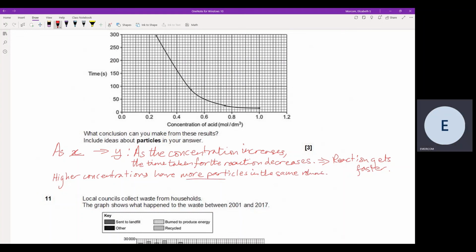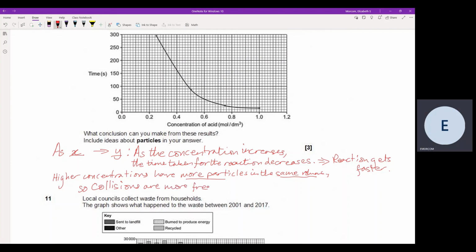More particles for the same volume. Therefore, you're making it so that stuff is more crowded, and therefore you're going to have a higher frequency of collisions. So more particles in the same volume, so collisions are more frequent.